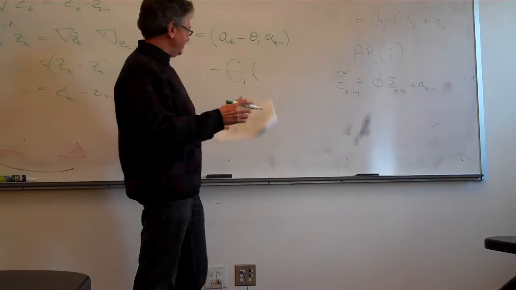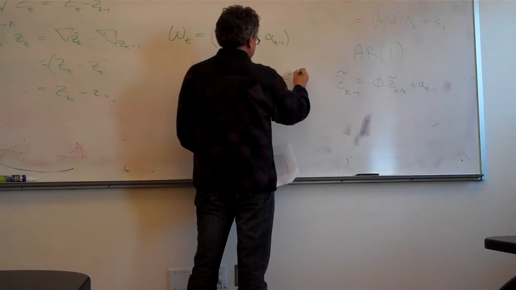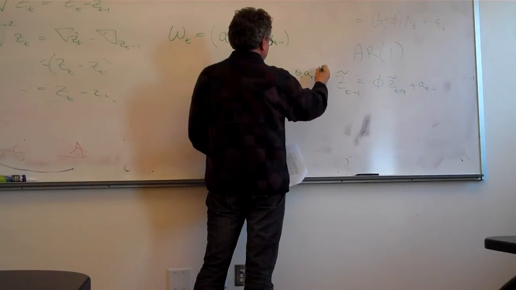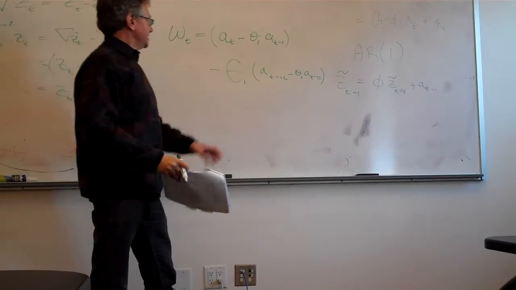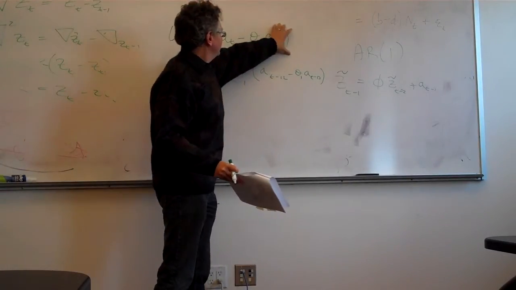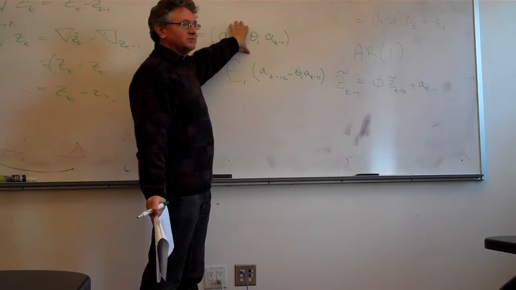So it's a_(t-12) minus theta times a_(t-13). The seasonal moving average is the moving average between this term and its equivalent a year ago.